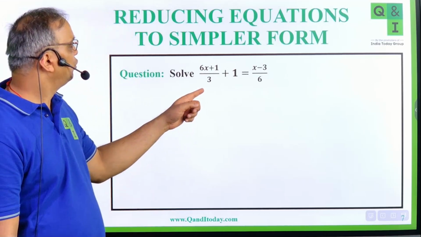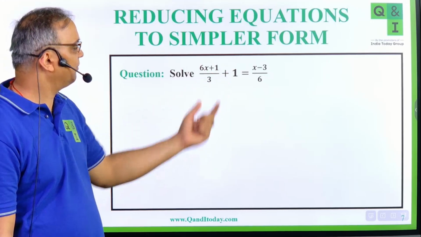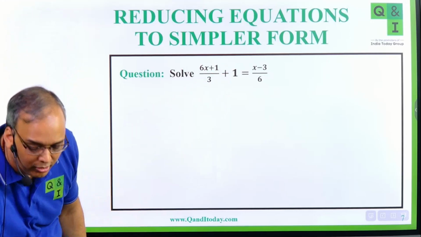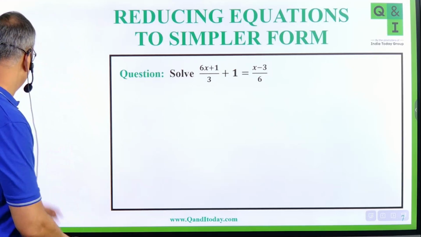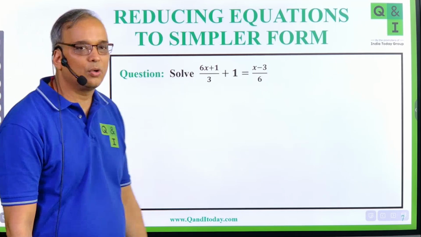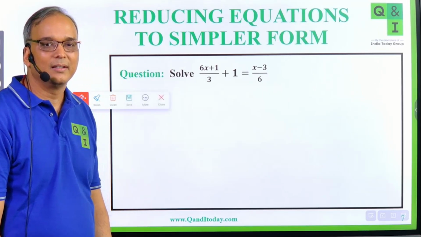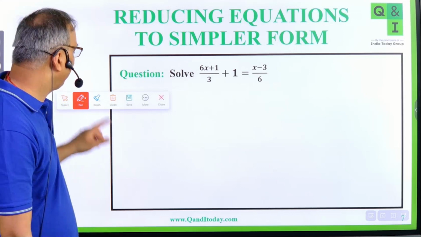Okay, so you will change this 1 to 3 by 3 and have a common factor. Is it common denominator? Yes, sir. Okay. Anything else? Anyone else who wants to tell me? So Puvina is saying we have to get the same denominator.